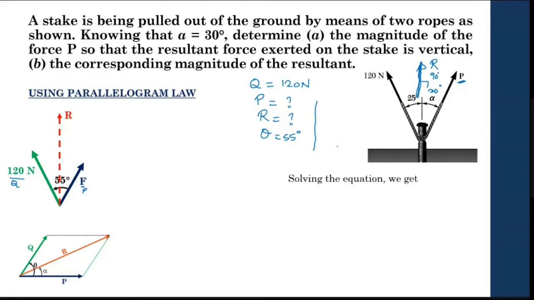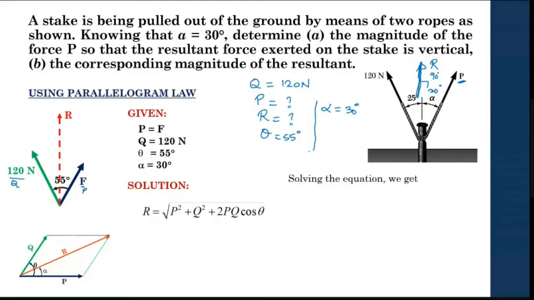Any other? Alpha is 30, sir. Yes, alpha is given, with respect to your P, so it is 30 degree. These are the data available: P is F, which we don't know, Q is 120, theta is 55 and alpha is 30 degree.